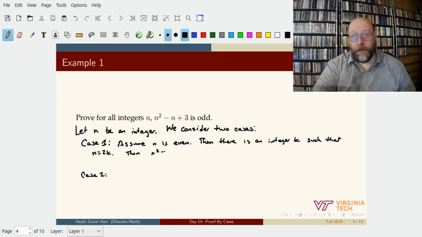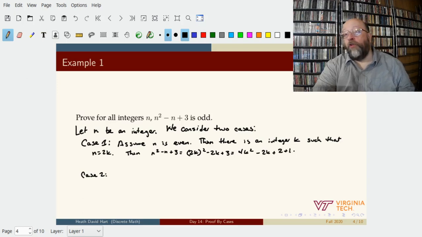Then n squared minus n plus 3 is equal to 2k squared minus 2k plus 3, which is equal to 4k squared minus 2k plus 2 plus 1. I'm splitting up that 3, so I can go ahead and factor this now: 2 times (2k squared minus k plus 1) plus 1.